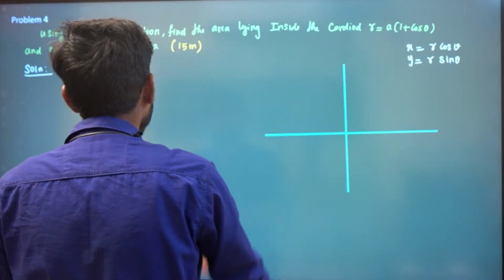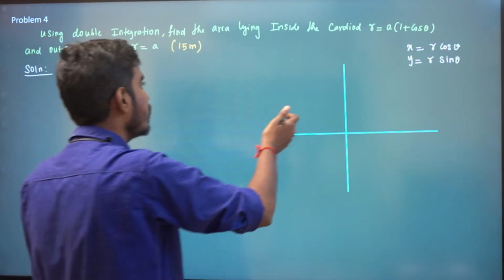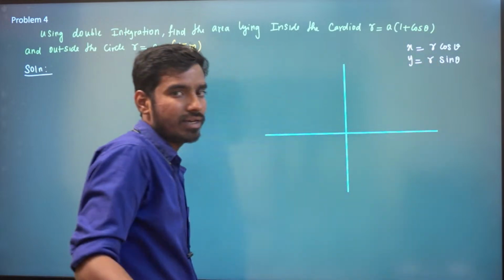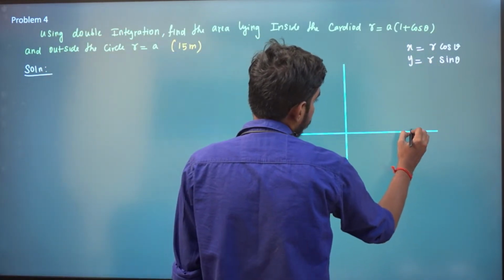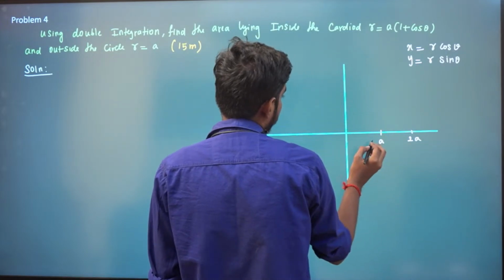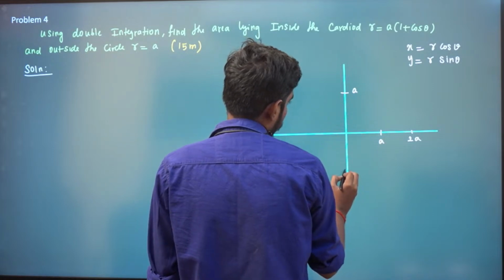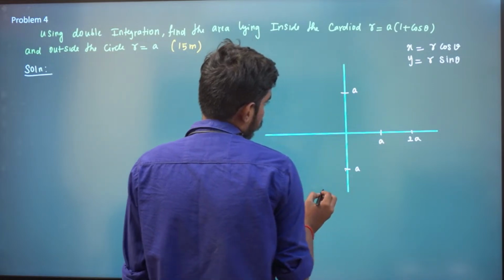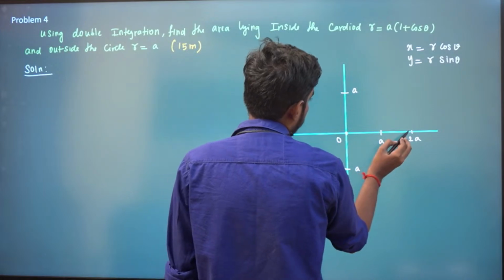Okay. Now you know this is a cardioid, r is equal to a into 1 plus cos theta. Very standard diagram. So this will be 2a, and this will be a, this will be a again. So it will be like this.